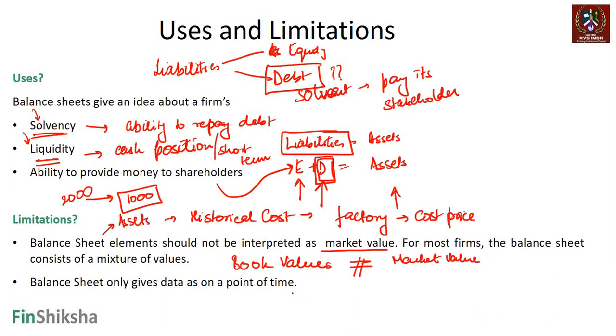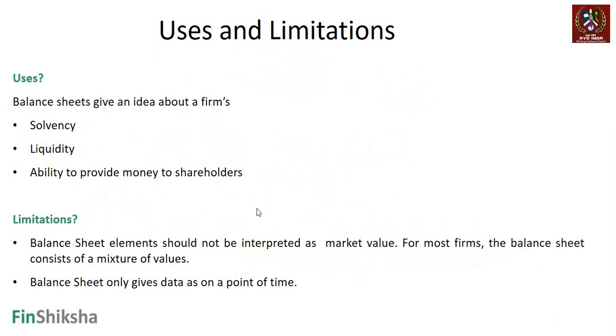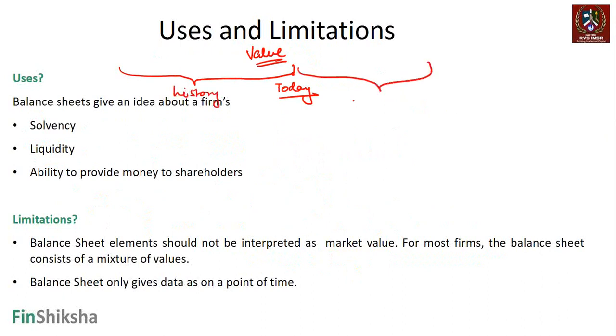For example, if you were to look at a company's value, how would you find out the value of a company? Let's say you're standing here today, right? That's the point where you're standing today. The value of the company should be all that the company has done in the history and all that is expected in the future, right?